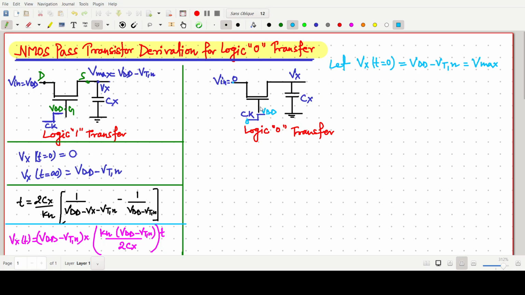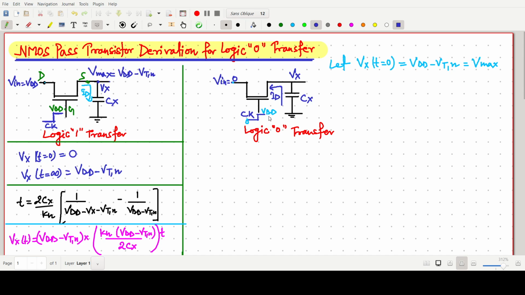So what we observe is that initially this value is 0 and this side is charged up to Vx. In the logic 1 transfer, this side is the drain and the current is flowing, we are saying, as ID like this. But in this situation the capacitor is fully charged and this is logic 0 transfer, so it starts discharging this capacitor, and the current will flow from this side.